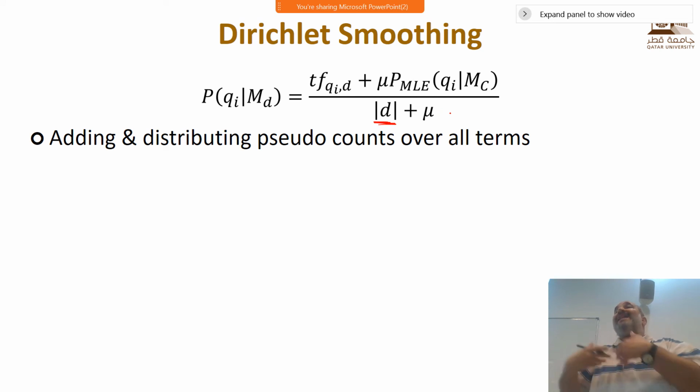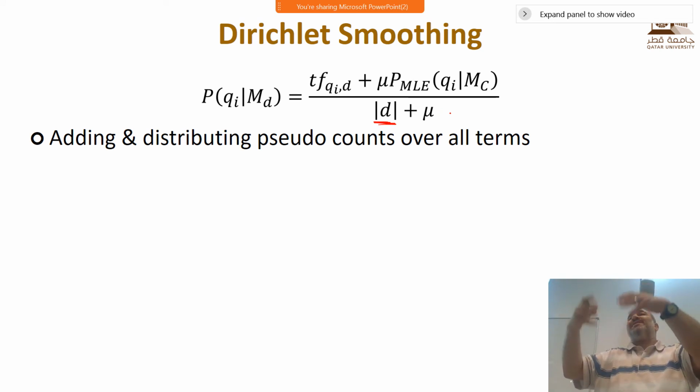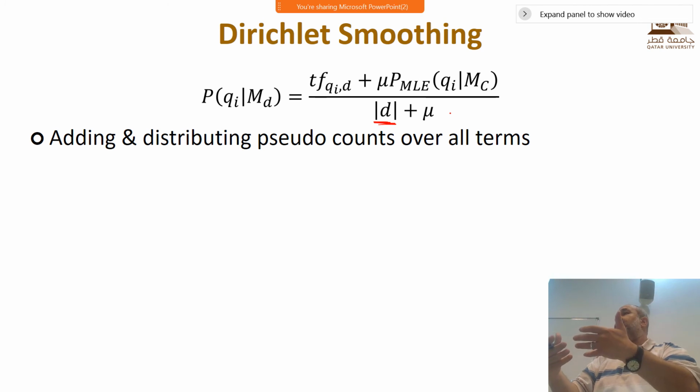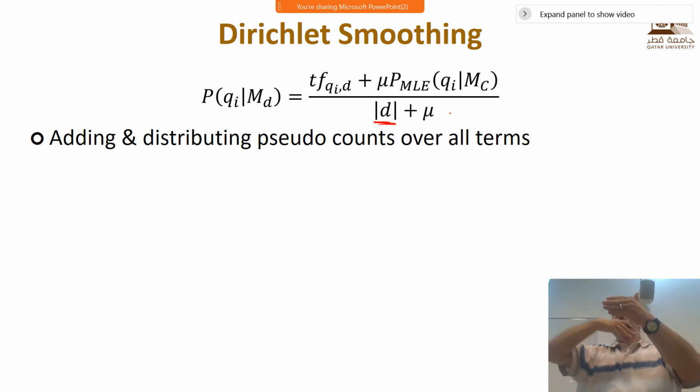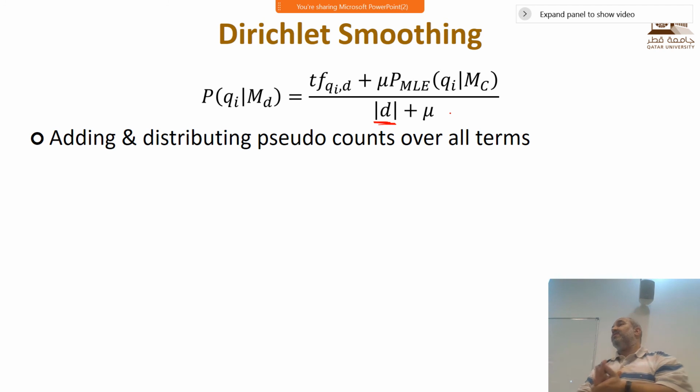So it's like we will add 100, it's like we see 100 more terms in every document. And these 100 terms will be distributed between all the vocabulary in the collection. Okay?